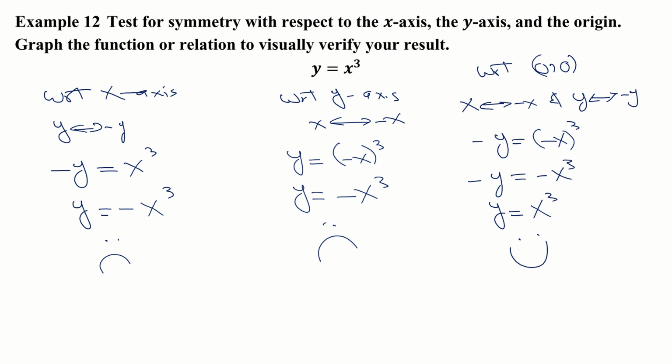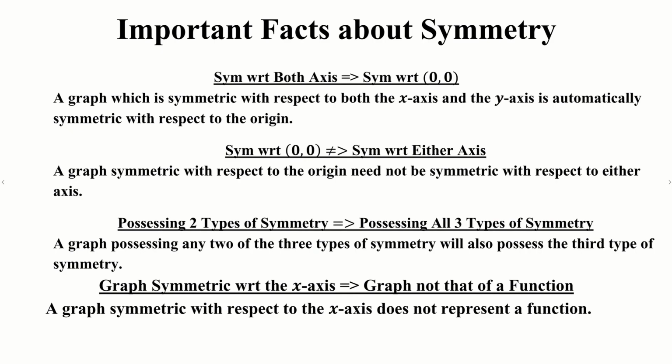All right, so do notice that being symmetric with respect to the origin doesn't imply symmetry of any other kind. So keep that in mind. All right, so here's some important facts about symmetry. Now, symmetry with respect to both axes, the x-axis and the y-axis, does imply symmetry with respect to 0, 0.